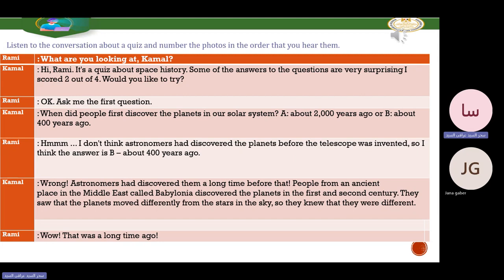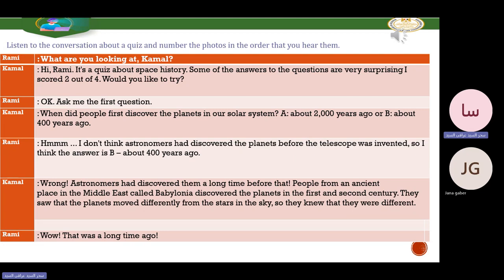I don't think astronomers had discovered the planets before the telescope was invented. So I think the answer is B, about 400 years ago. Wrong. Astronomers had discovered them a long time before that. People from an ancient place in the Middle East called Babylonia discovered the planets in the 1st and 2nd century. They saw that the planets moved differently from the stars in the sky, so they knew that they were different. Wow, that was a long time ago.